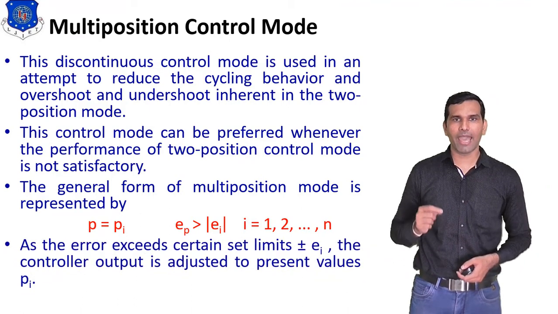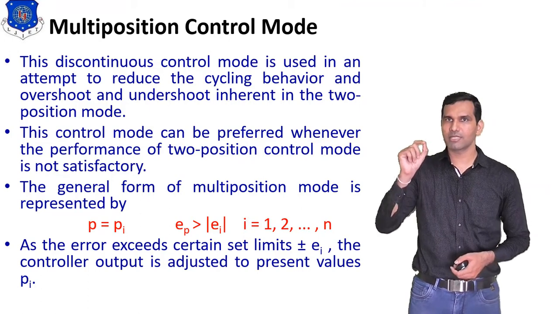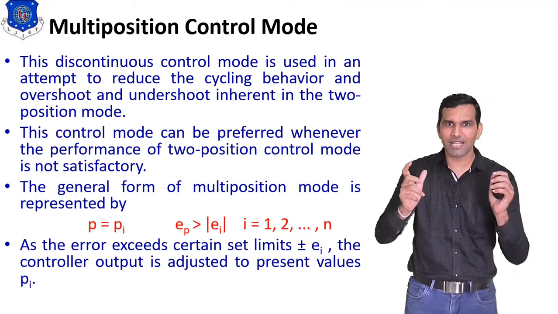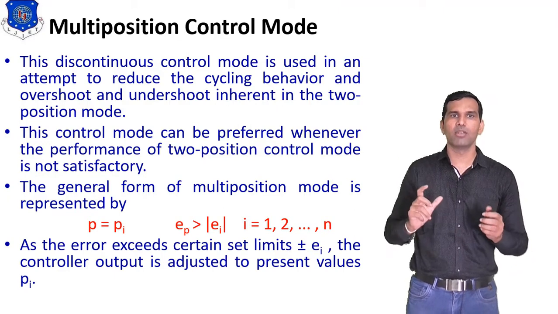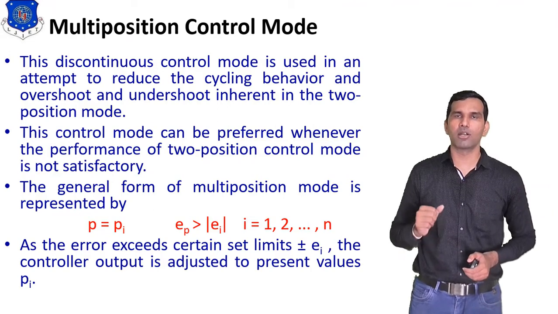As the error exceeds certain set limits plus or minus Ei, the controller output is adjusted to preset value Pi. So this is the multi-position control mode.